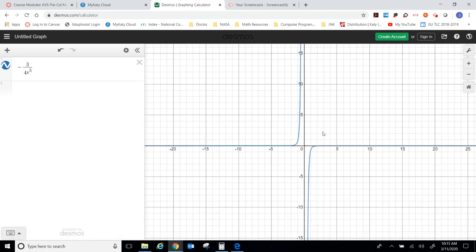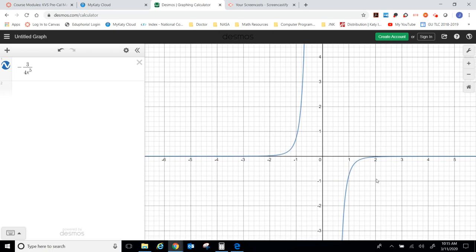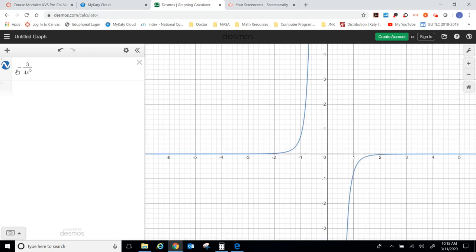So it looks very much like our rational function with an odd degree, just like 1 over x or 1 over x cubed or 1 over x to the fifth, except instead of being down here like we're used to seeing it, it's been flipped up here. And that's because of the negative sign out front.